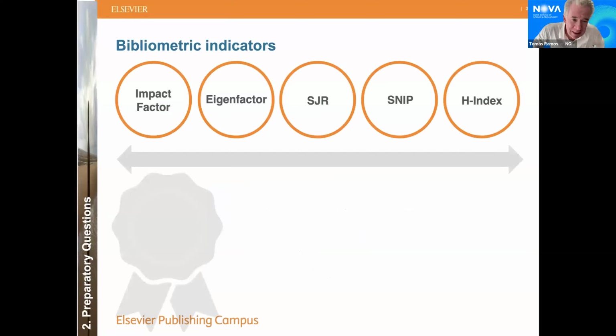Still related with the selection of journals, this is important in particular, not only for PhD students and young researchers, but also for senior researchers. In some universities and research centers or research units, they select the journals according to metrics.